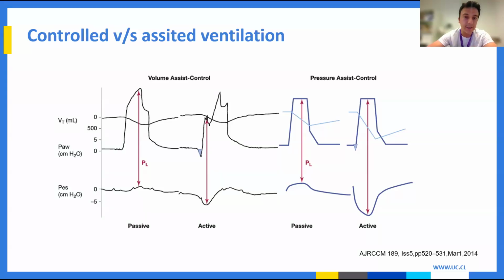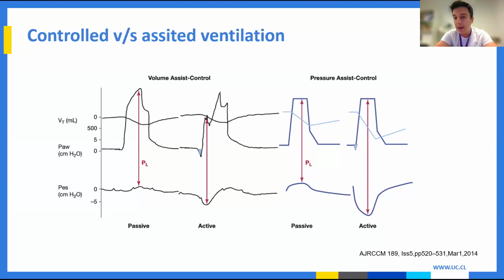So here you can see volume control and pressure control during different breathing contexts. You have passive and active in both ventilation modes. And interestingly, you see how the airway pressure minus the esophageal pressure can estimate transpulmonary pressure.